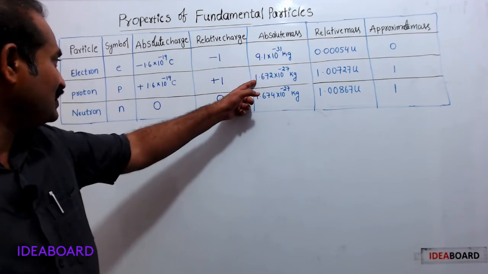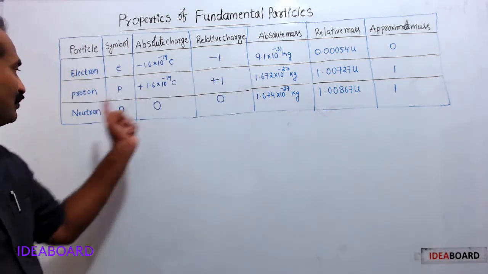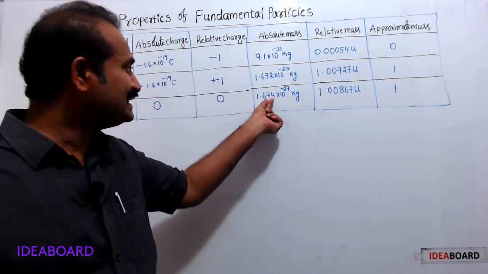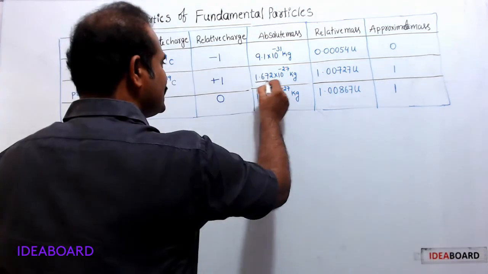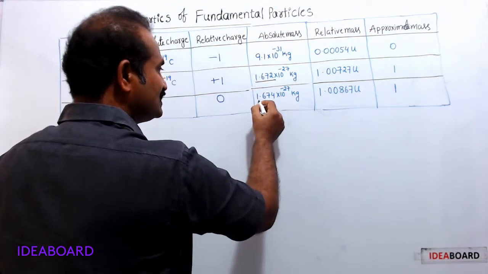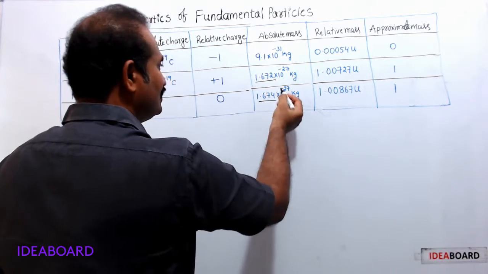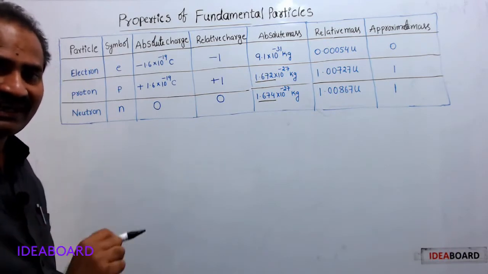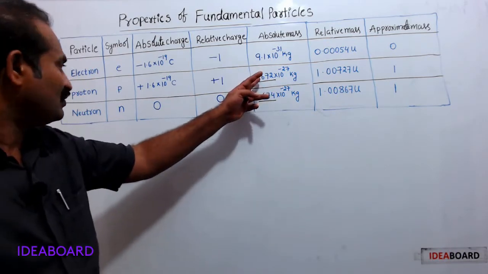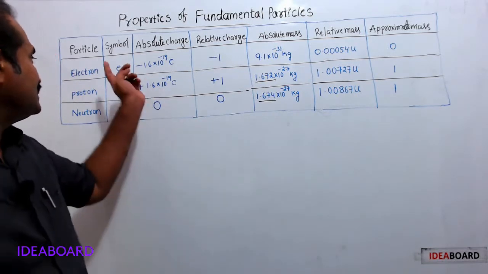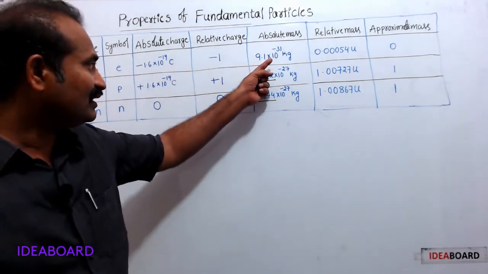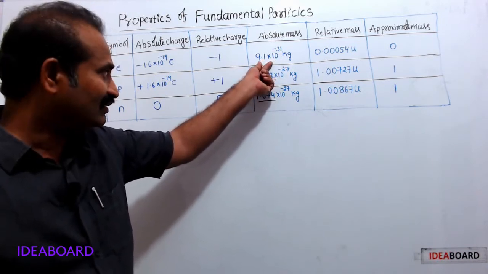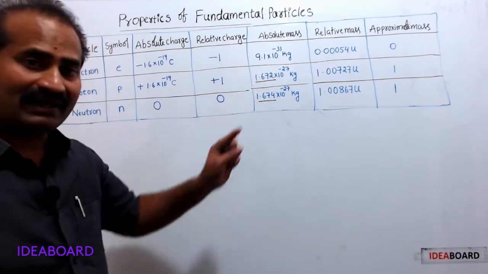The mass of proton and mass of neutron are almost the same. Proton is 1.672 into 10 power minus 27 kilogram, and neutron is 1.674. Neutron has slightly more mass than proton. Almost, proton and neutron have equal mass. See, electron is 9.1 into 10 power minus 31 kilograms. Electron mass is much less than that of proton and neutron.